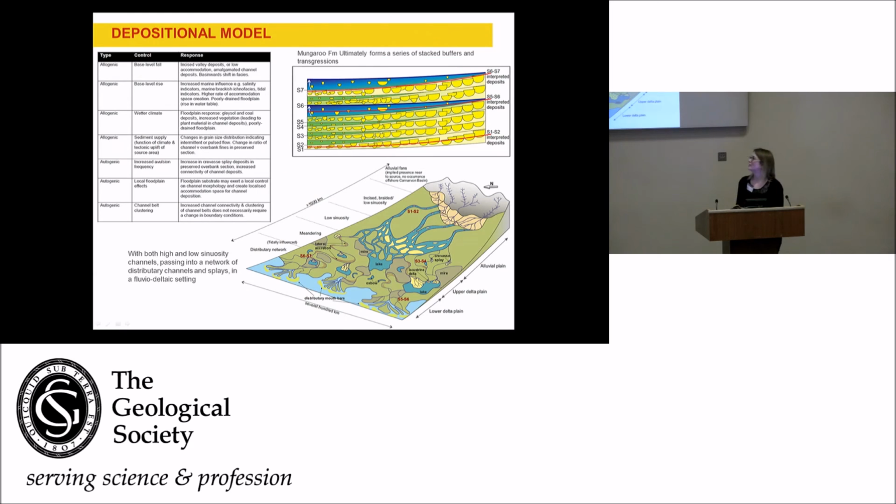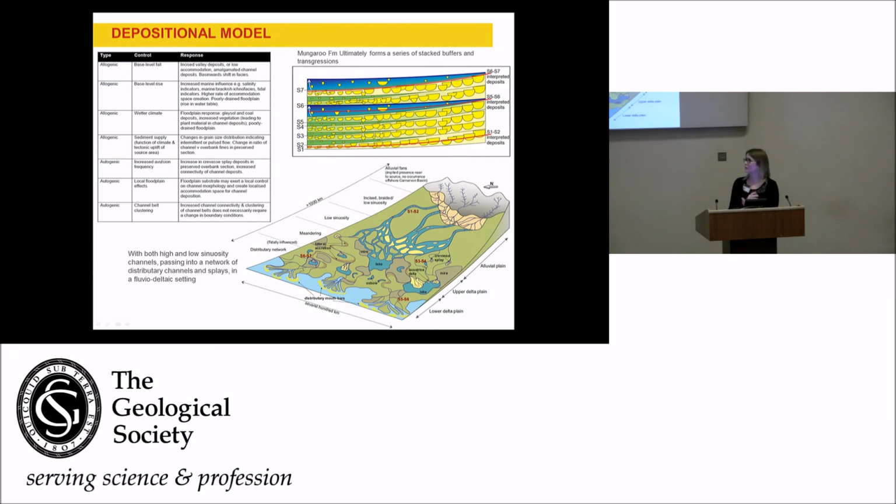So in order to keep with the time, I'll just briefly mention that I looked at a range of autogenic and allogenic controls that could be used to explain both the overall stacking pattern of the Mungaroo Formation and also try to explain what the architecture and arrangement of the channel belts at each of the intervals I studied could be.